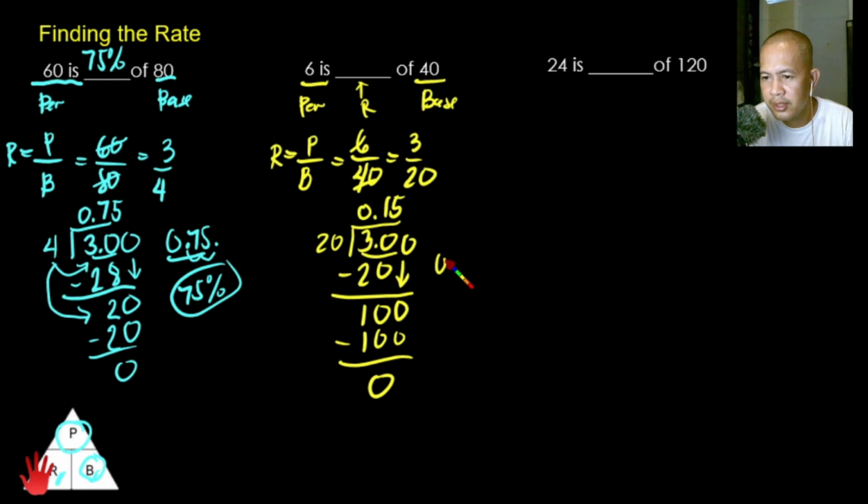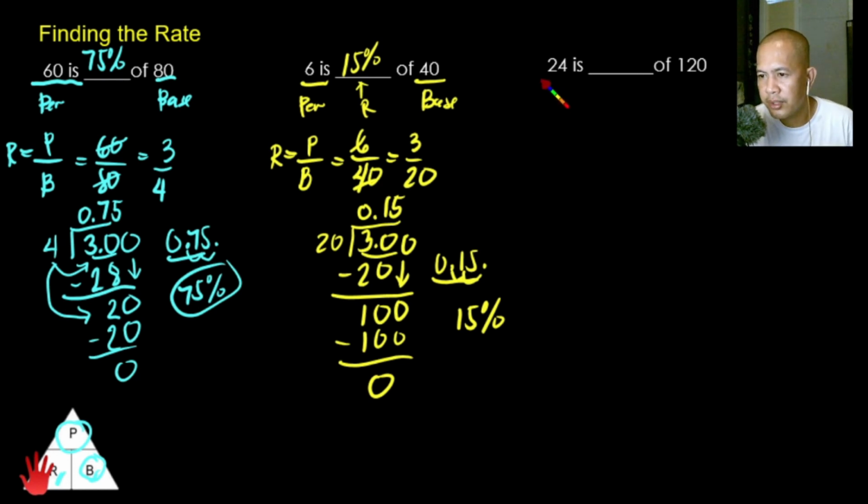So we have 0.15. Changing that to percent form, moving 2 places to the right, it makes 15%. So 6 is 15% of 40.